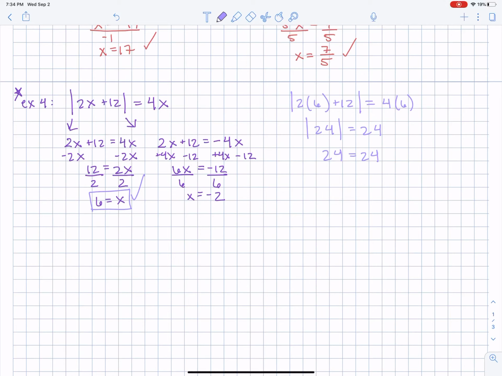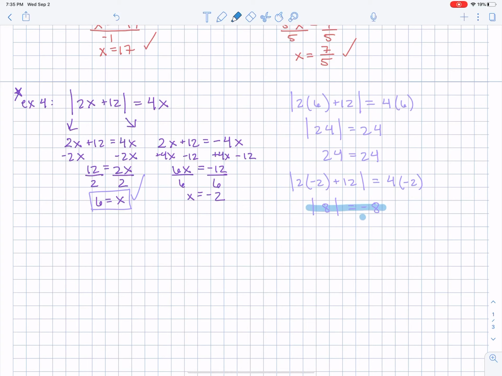So now I'm going to have the absolute value of 2 times negative 2 plus 12 is equal to 4 times negative 2. All right, inside these absolute value bars, we have negative 4 plus 12. That's going to give you a positive 8 is equal to negative 8. Uh-oh. We should run into a warning sign right here. This is a big warning sign.